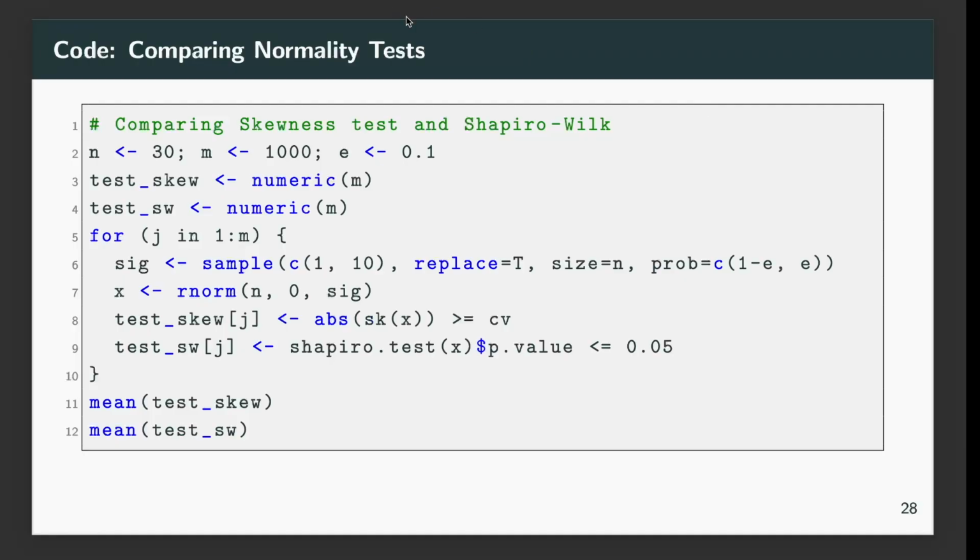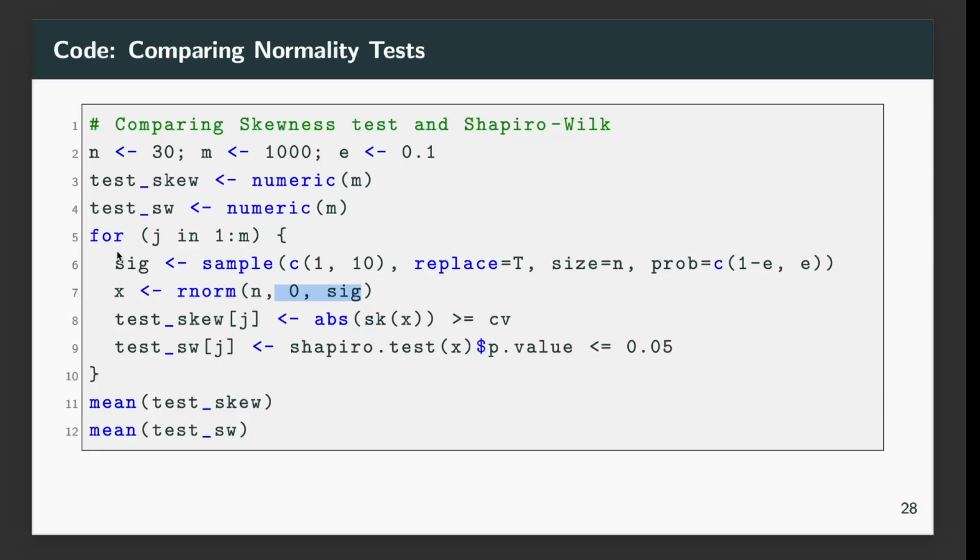Inside this loop, we sample sigma from 1 or 10 with probabilities 1 minus epsilon and epsilon for each of the n observations, and then we generate x using the random number generator of size n, with mean 0 and sigma equal to the previous line.